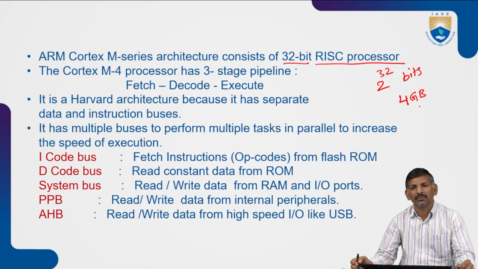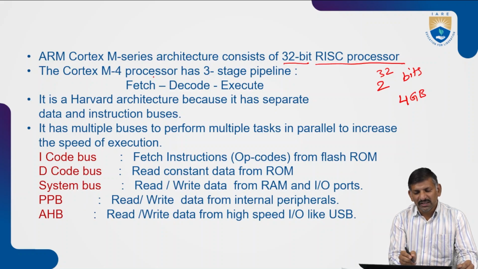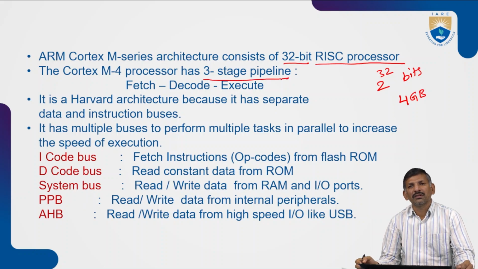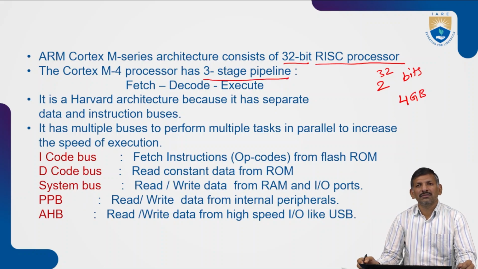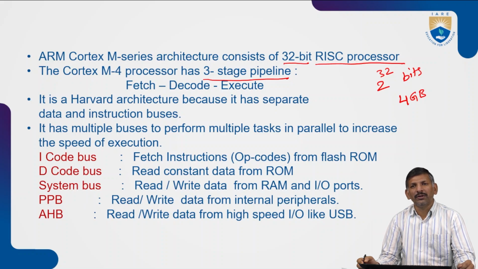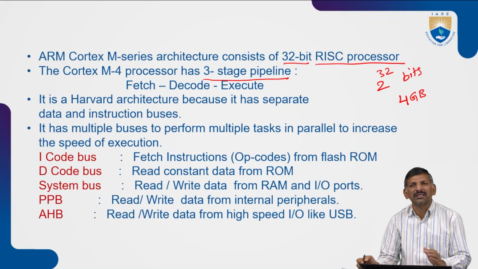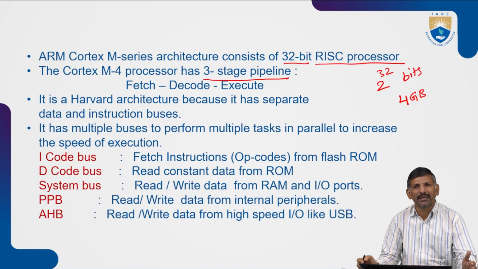Next, this processor architecture supports 3-stage pipelining. So what is pipelining? It means doing multiple operations in parallel. In a single clock cycle, we can fetch the third instruction, decode the second instruction, and execute the first instruction. Why? Because embedded systems have deadlines. If a deadline is missed, we may lose life or property.